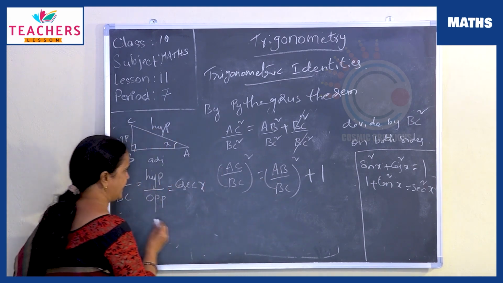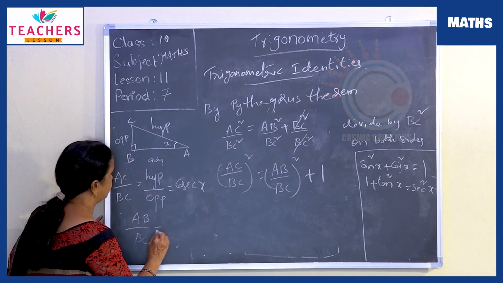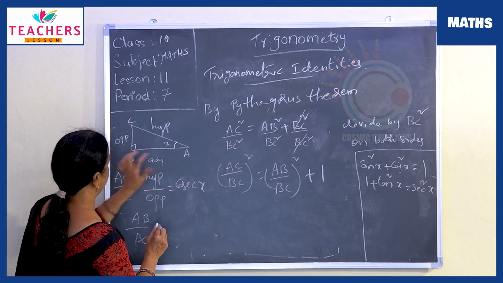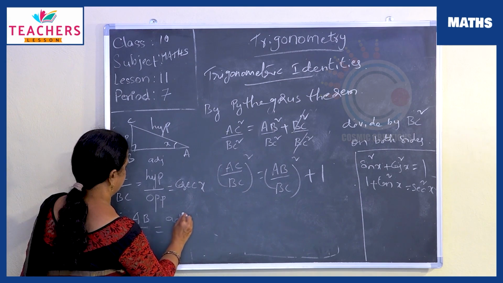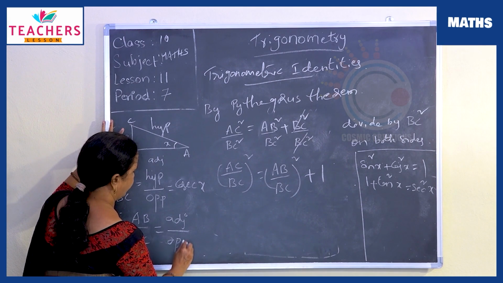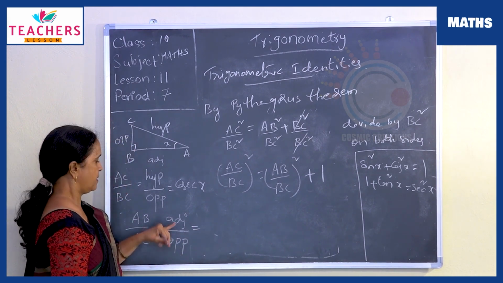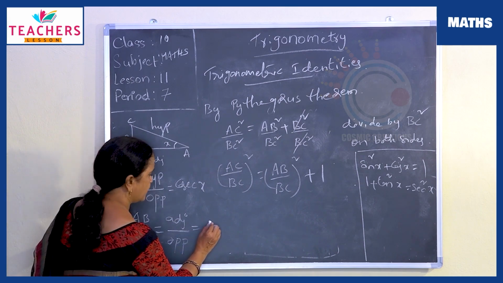Next, what to find? AB by BC. AB is adjacent and BC is opposite. Opposite by adjacent means tan ratio, and adjacent by opposite is cot ratio.